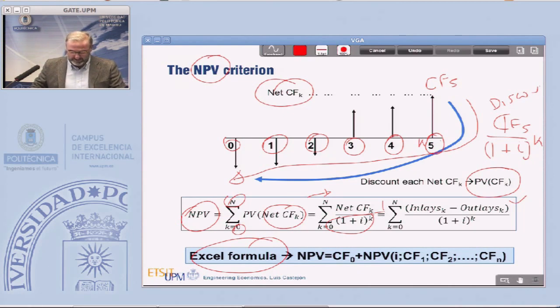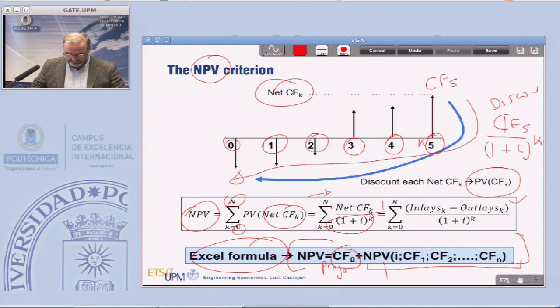So how do we calculate the net present value with Excel? It's important to know that there is a specific issue in relation to the Excel formula of net present value. As you see here, we are calculating the net present value of the project by adding the cash flow of year 0 plus the net present value.